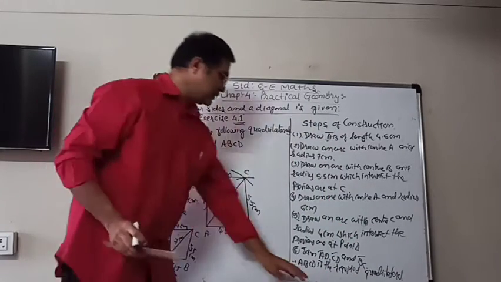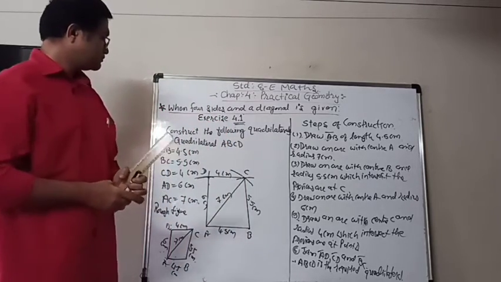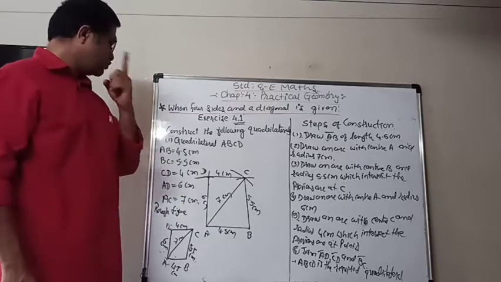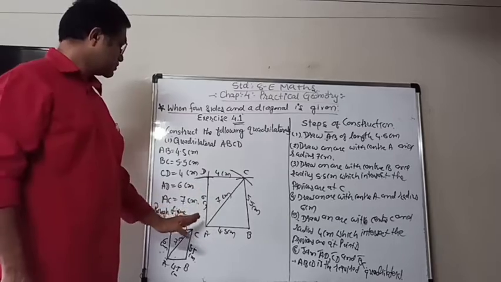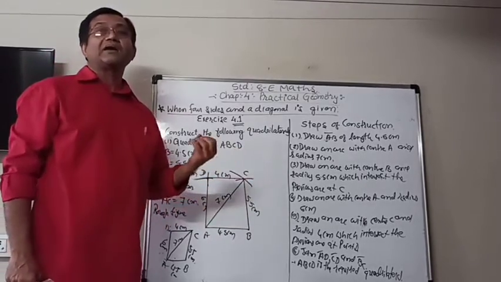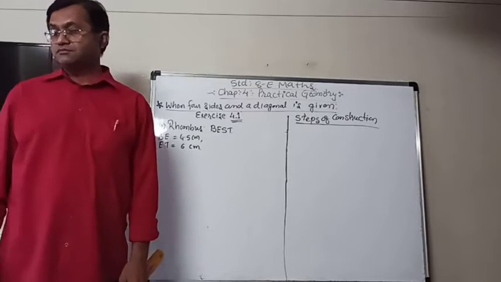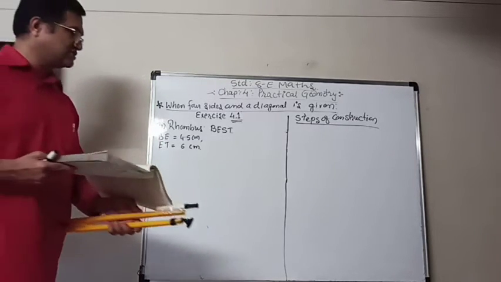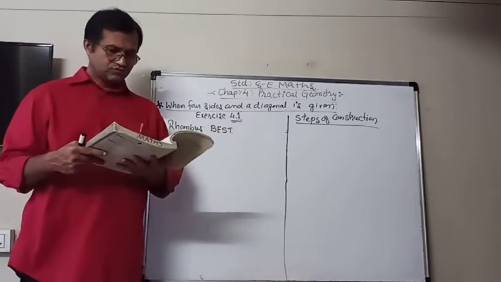So here you can see that we have the required quadrilateral, in which the required measurements are also given. Now the second question is also the same like this. 4 sides and a diagonal are given.